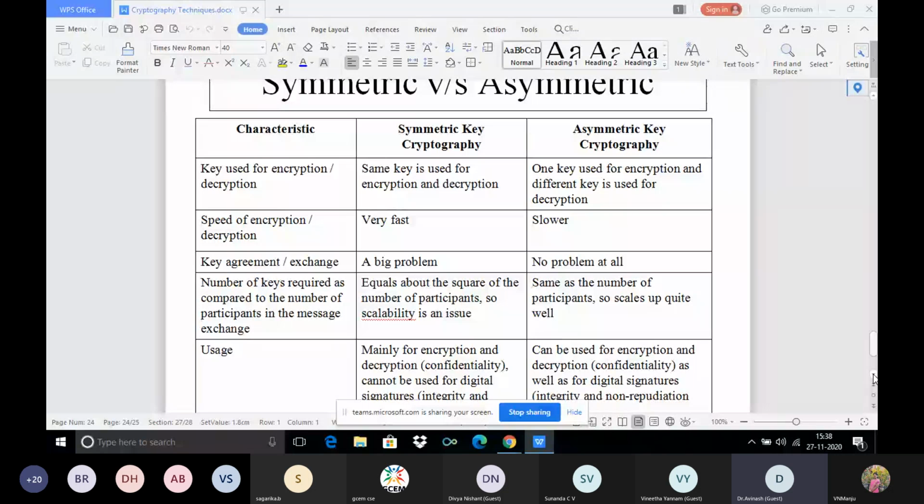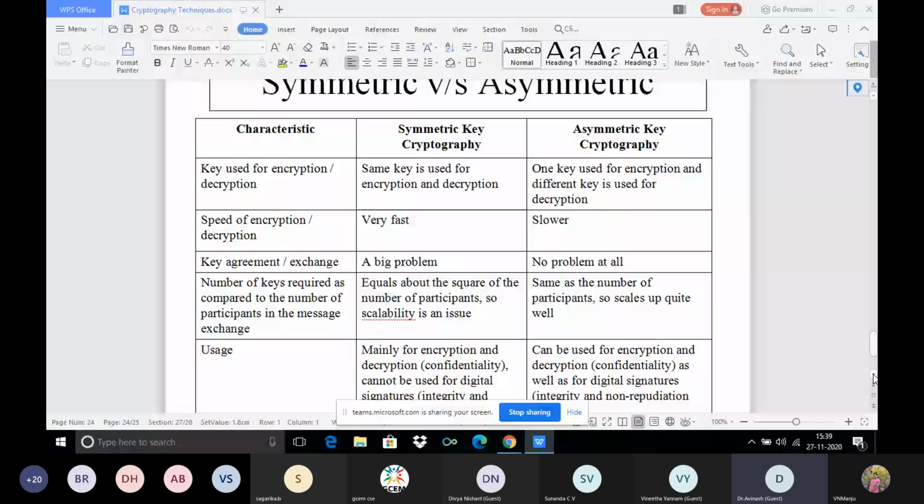The next one, the key agreement exchange, is a big problem, because when n is a large number, I have explained to you, when we calculate the value n minus 1 divided by 2, in that case the value becomes very, very large, and because of that, the problem of key agreement or key exchange becomes a very big problem in case of a symmetric key cryptography method.